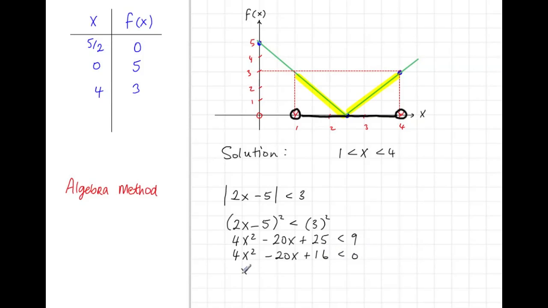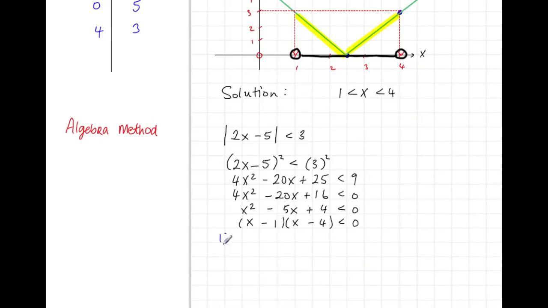Now we divide both sides by 4. And what we do is we imagine if this inequality was equal to 0, then we'd have the solutions x equals 1 or x equals 4.